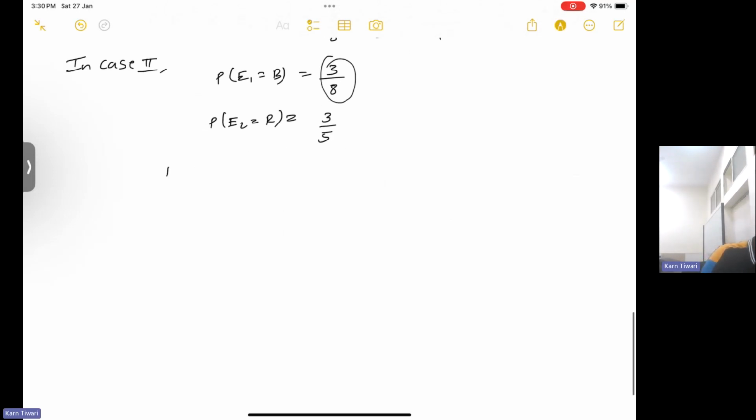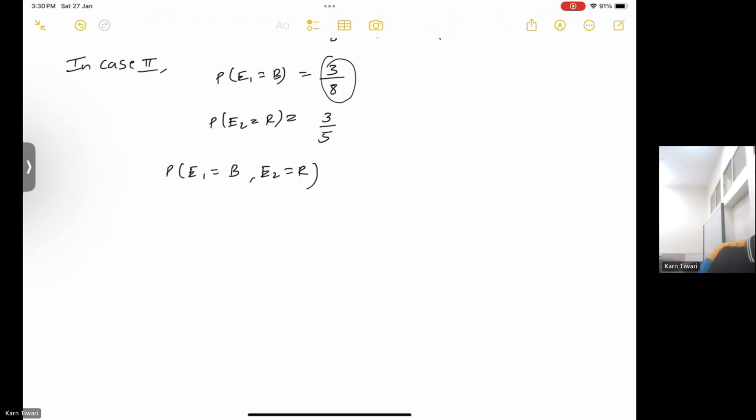So similarly, the probability of E1 equal to blue and E2 equal to red. Again, by the same argument, both of them are independent events. That is, the occurrence of one event doesn't affect the occurrence of the second event. Just remember this thing.